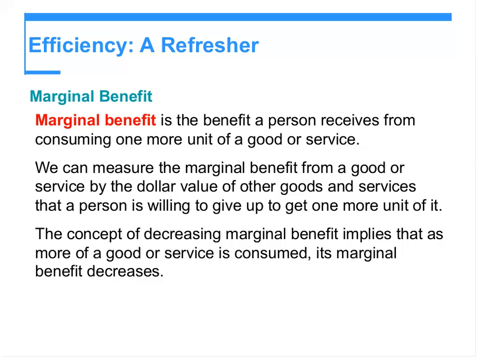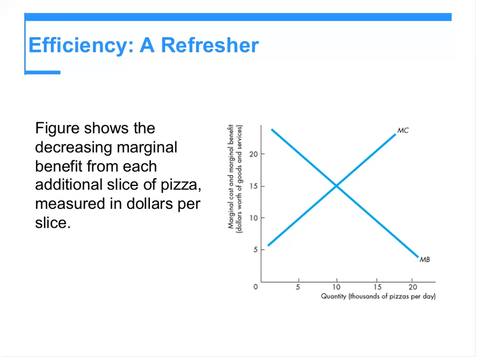So the concept of decreasing marginal benefit implies that as more of a good or service is consumed, its marginal benefit decreases. This is the rule. This is one of the basic rules. So as you use more of something, your marginal benefit of that good or service decreases. For example, you go for a 1 hour massage, you are willing to pay $20.